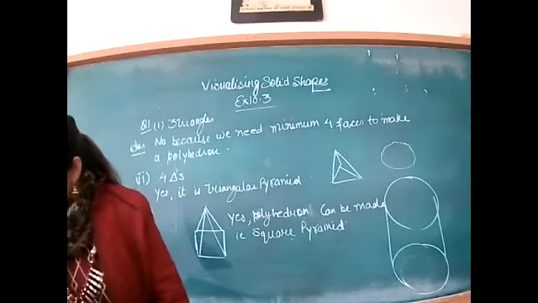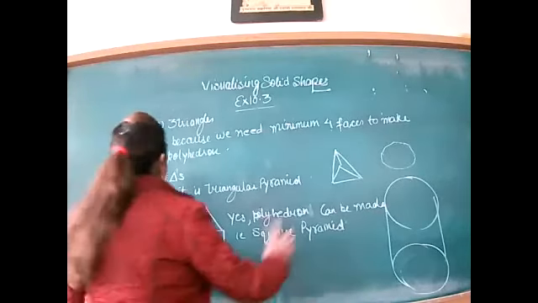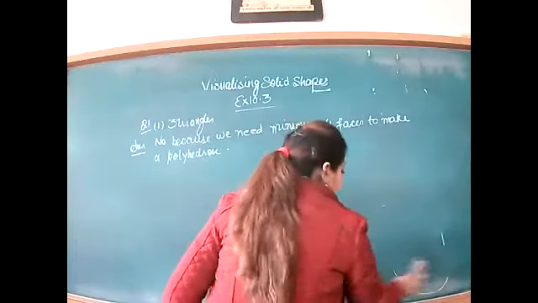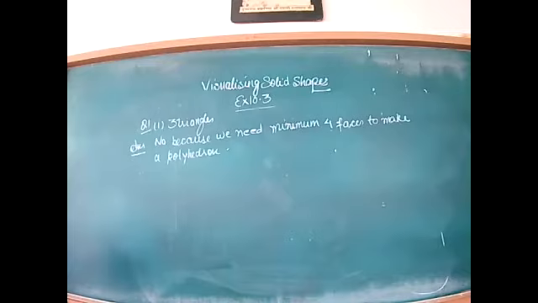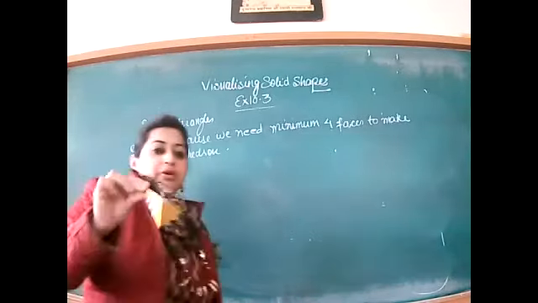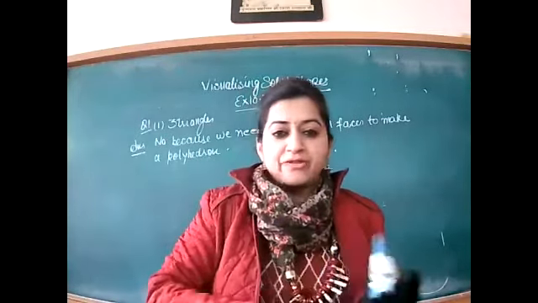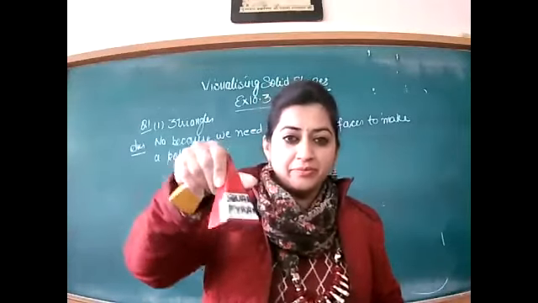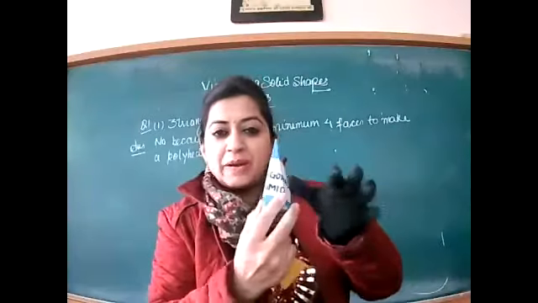The second part is how are pyramids and cones alike? Pyramid and cone are alike. Look here, this is a triangular pyramid, it has 3 sides, then I increased its sides to 4, this became a square pyramid. When you increase the number of sides to 5, it is pentagonal.